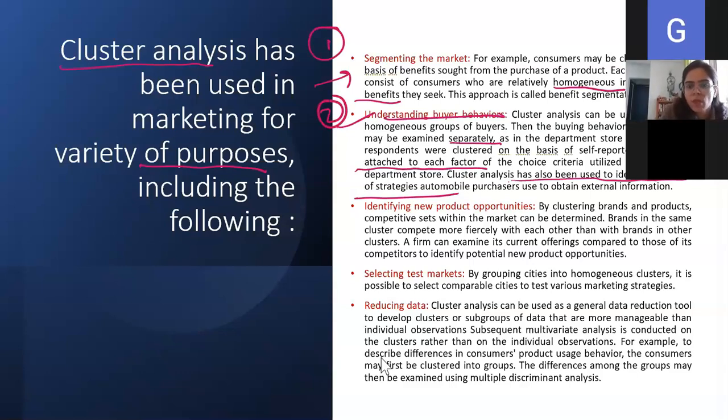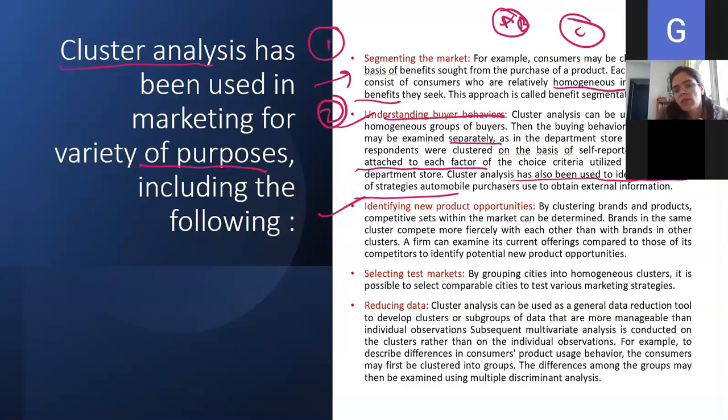Third is you identify new product opportunities. Okay, if I say you are doing, say, cluster analysis on different brands and products, and if I say brand A and brand B are in same cluster and brand C is in another cluster, what can you tell about it?